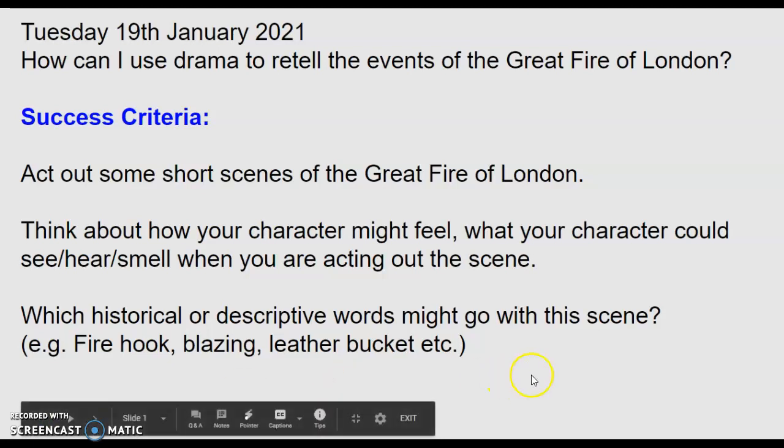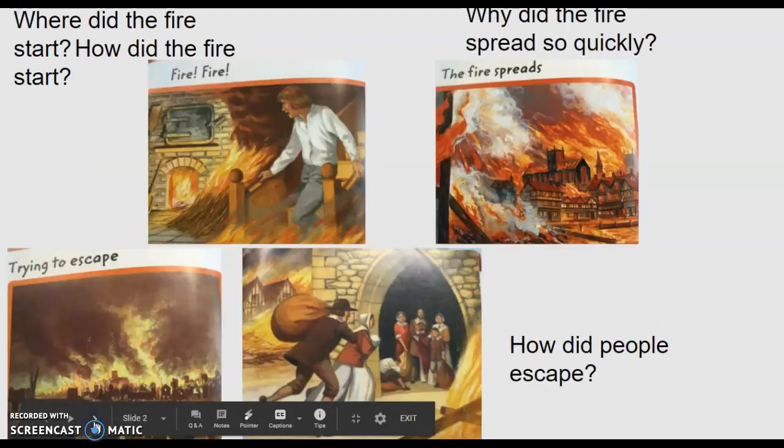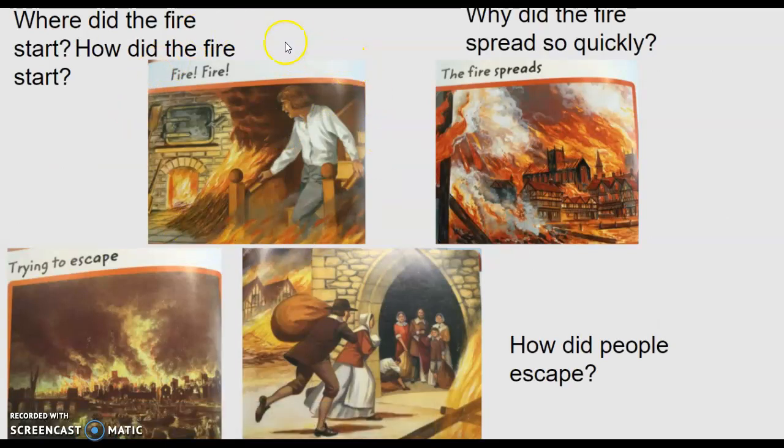What you're going to do today is act out some short scenes of the Great Fire of London. For example, you might decide to act out the first part. You pretend that you are Thomas Farriner and you've gone to bed. You've finished your work and you're so tired that you've forgotten to put the fire out, but you didn't realise, so you went straight to bed.